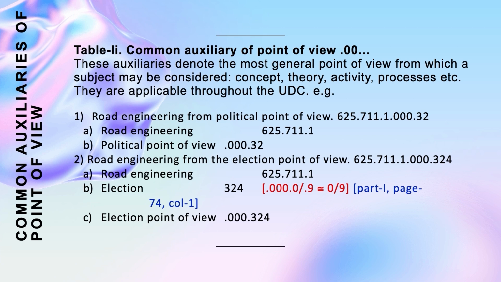So we can put .000.324 for election point of view. So the ultimate class number of the road engineering from the election point of view will be 625.711.1.000.324.